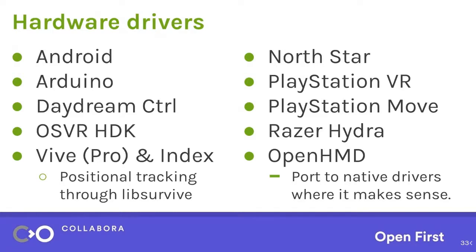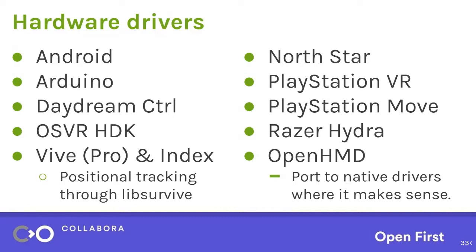So this is the current list of hardware that we support. We support Android hardware, which is basically just the IMU in your phone and the distortion parameters from Cardboard. We have an Arduino driver, which is there as an example of how to create your own hardware with Arduino. There's also support for the Daydream controller. We have support for the OSVR HDK, Vive, Vive Pro, Index, and as I said, we do positional tracking through libsurvive.